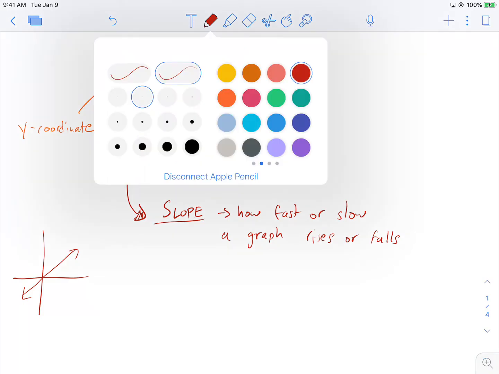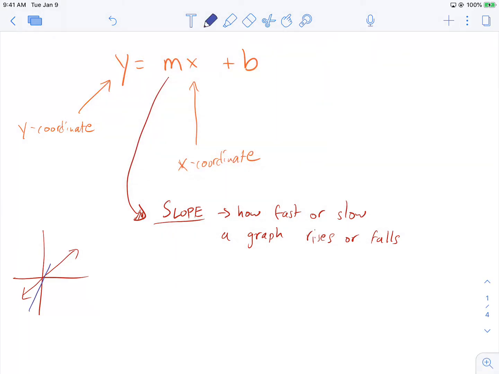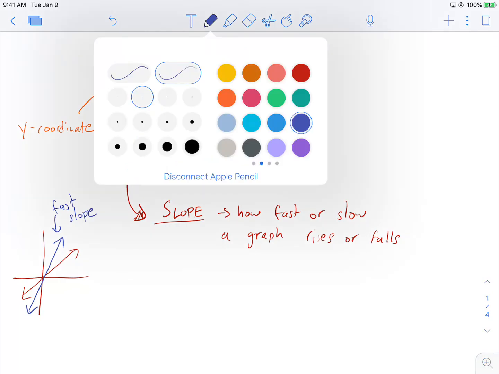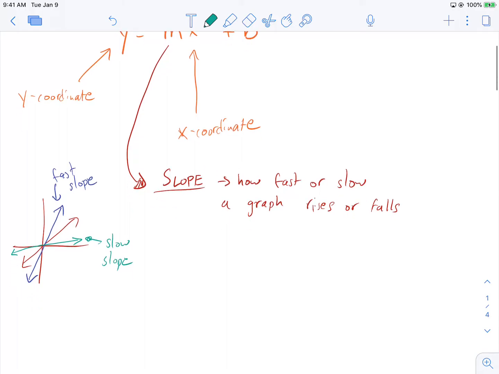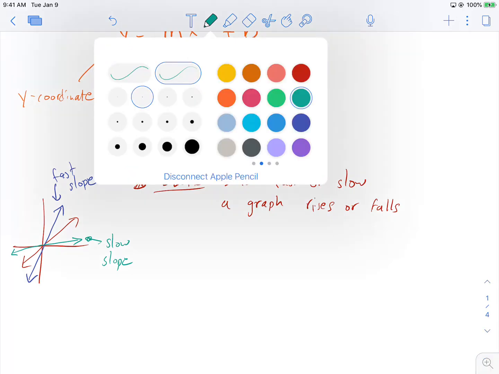But if I wanted to really beef this up, I could say this thing's rising very, very fast. This has a fast slope. We can also have a very slow slope, something like that. That would be a slow slope.